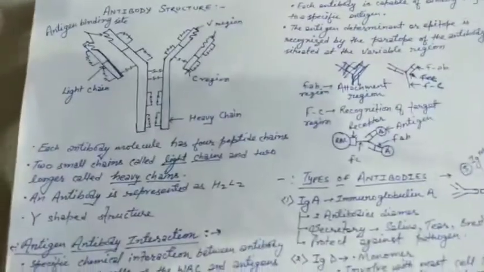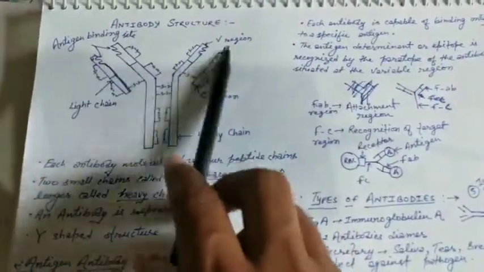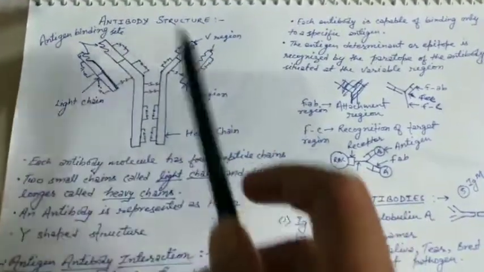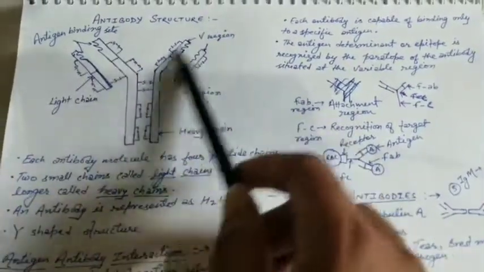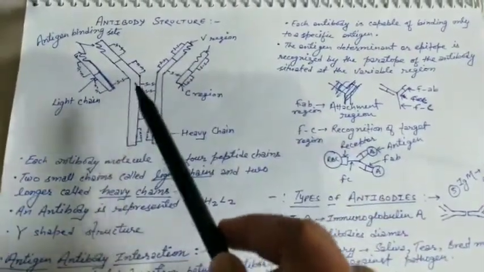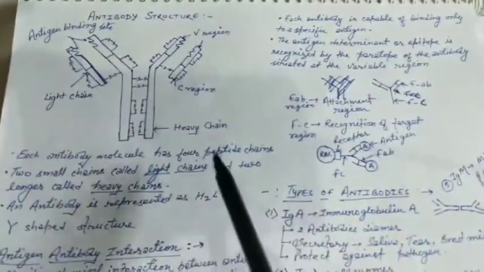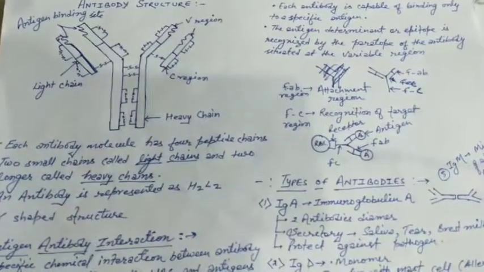Whenever you look at the structure of antibodies, the antibody is usually a Y-shaped structure. This Y-shaped structure has 4 chains. These chains are made up of peptide, and peptide means protein.